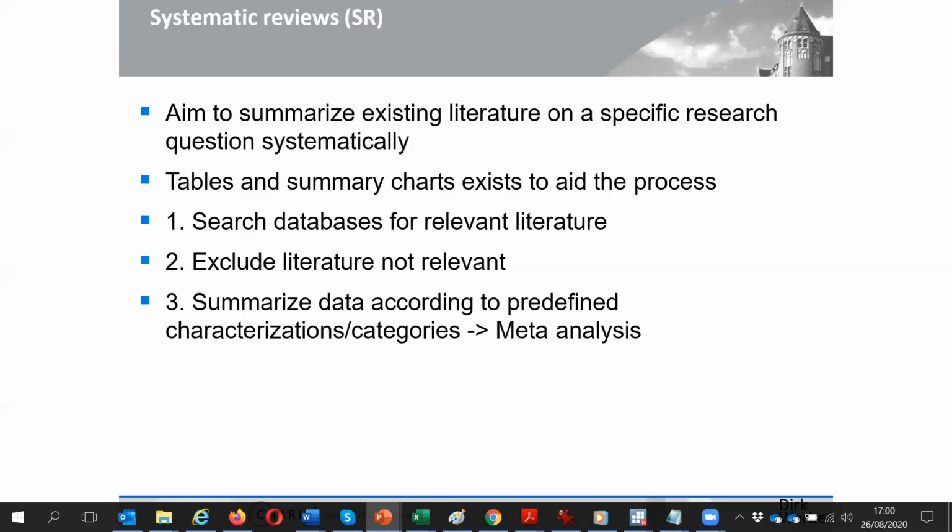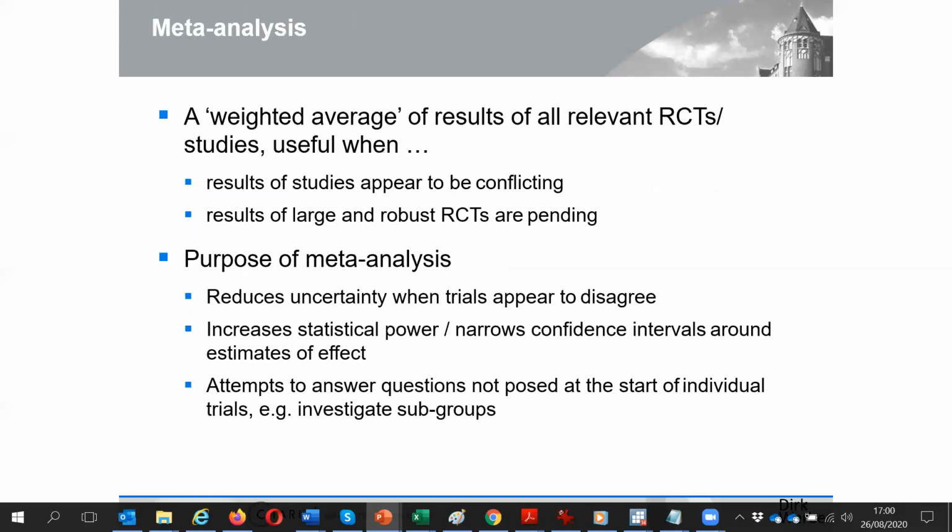But remember, a systematic review and a meta-analysis are different. In a meta-analysis, we are summarizing the data with whatever measures you are using. But if you don't include data analysis, you're just summarizing the literature without the element of data, it's called a systematic review. The moment you start trying to analyze the data, it becomes a meta-analysis.